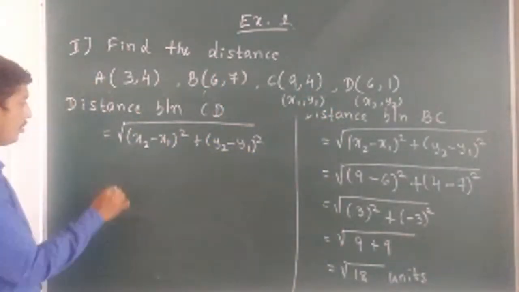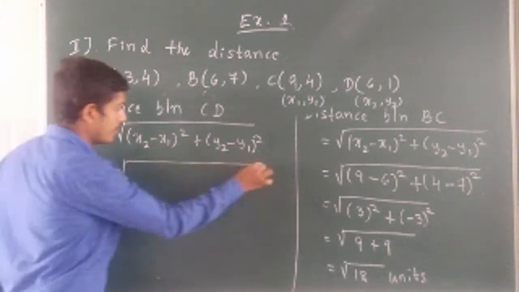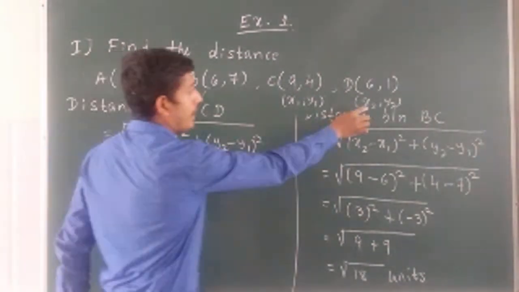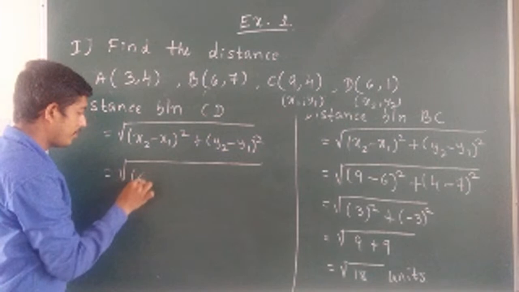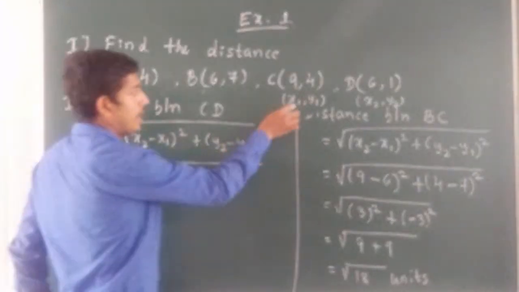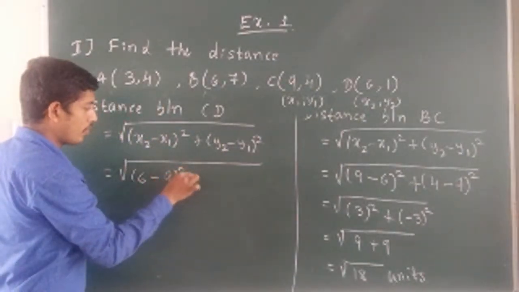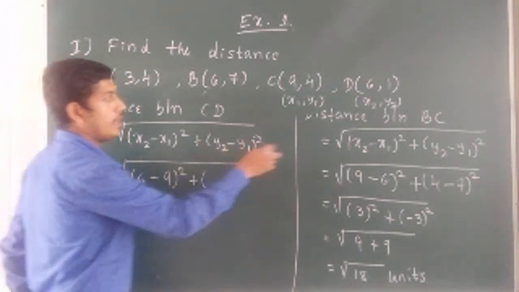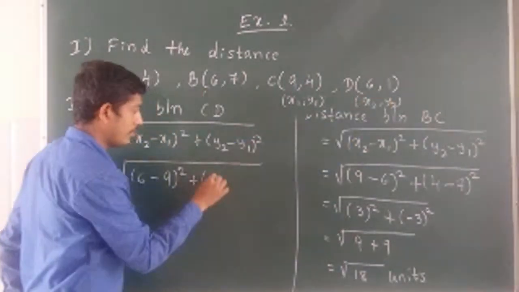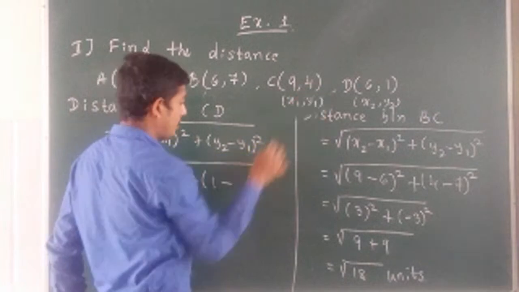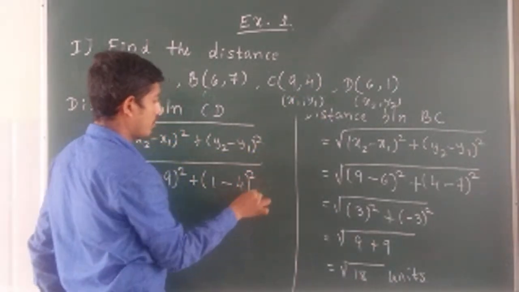Now I will substitute. x2 is 6 minus x1 is 9 whole square plus y2 is 1 minus y1 is 4 whole square.